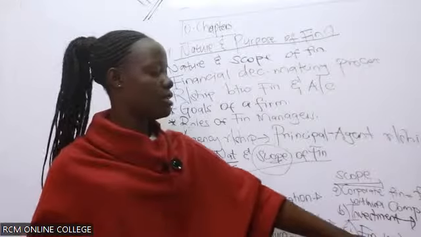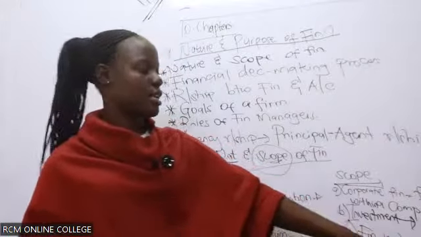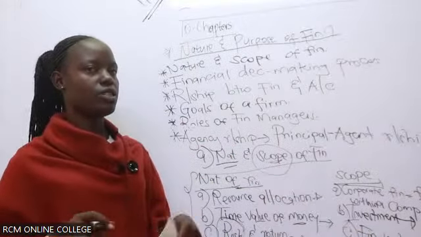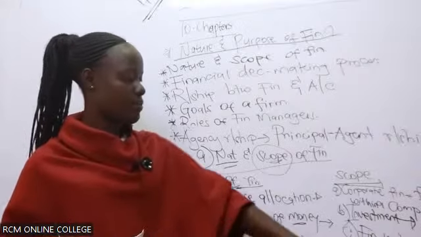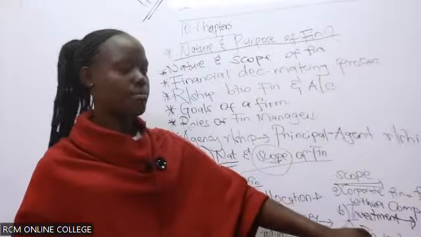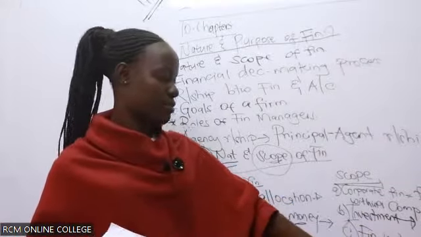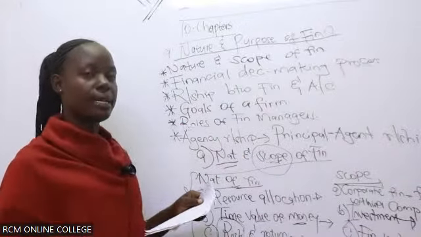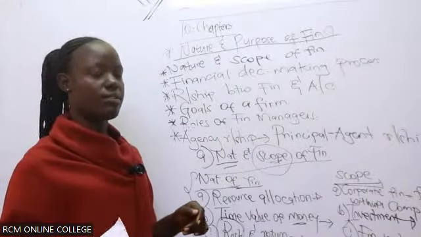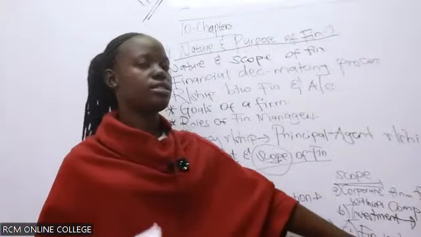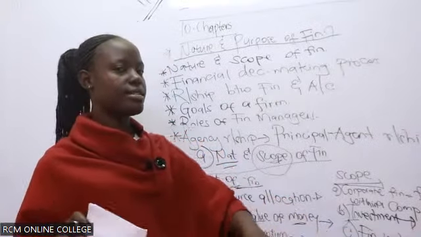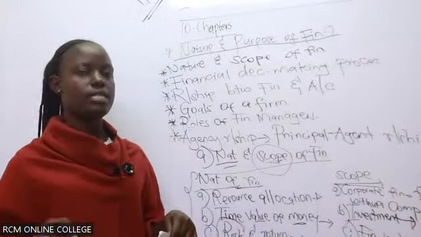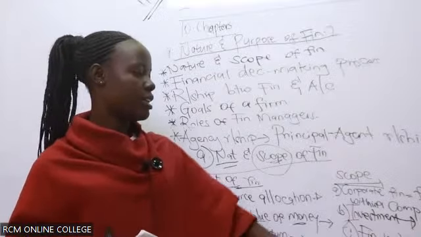This can include, maybe we can talk of the banks. For instance, a bank is an example of a financial institution. We can also talk of insurance companies or even investment firms. These are the financial institutions, the finance intermediaries that affect financial decisions of a firm.